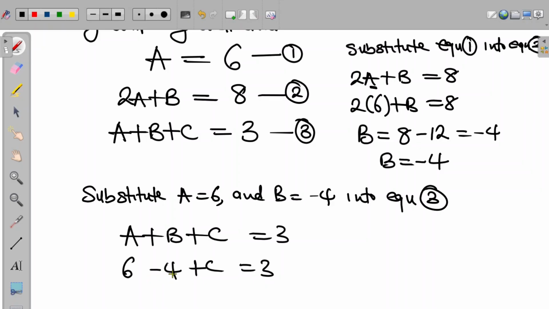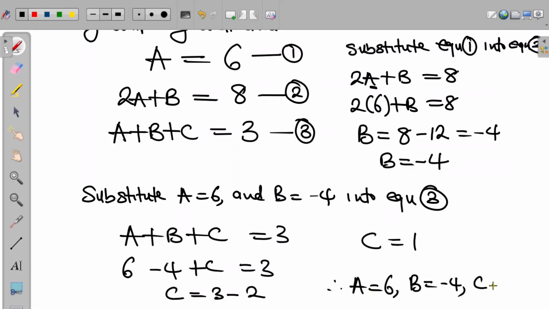So 6 minus 4 is 2. So c is equal to 3 minus 2. So therefore, c is equal to 1. So thus, we have that a is equal to 6, b is equal to minus 4, and c is equal to 1. Now, we have obtained the values of a, b, and c.